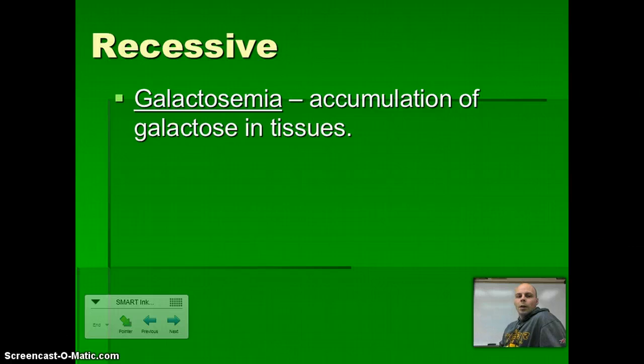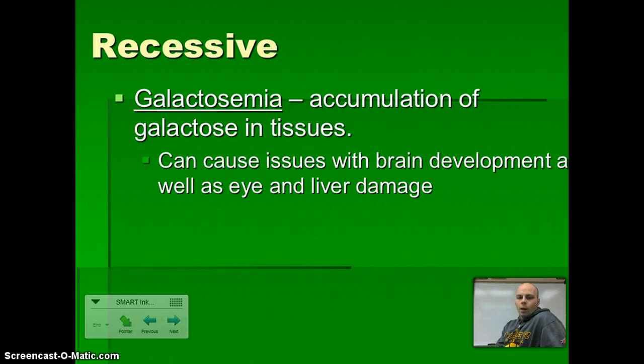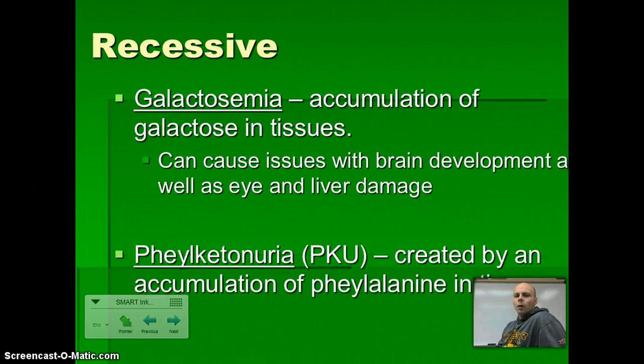Next one, galactosemia, an accumulation of galactose, which is similar to some of the products in milk, and you just can't break that down. Similar to how cystic fibrosis works, it slows your ability to break down and get rid of certain materials, and it's a little bit more damaging in younger individuals because it causes a lot of issues with brain development.